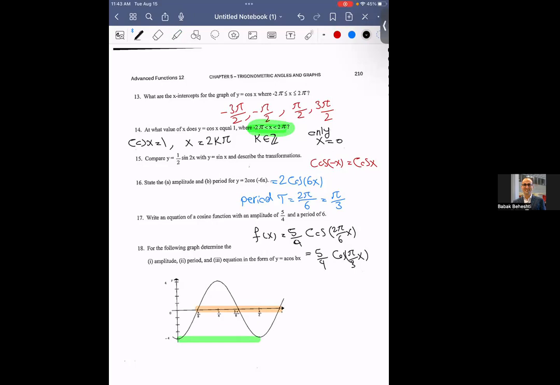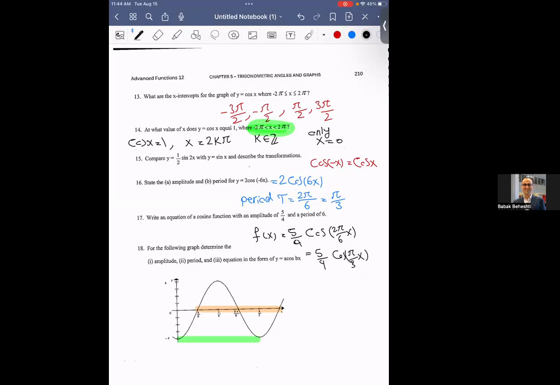The period means basically, when you have any oscillating function like sine or cosine, the period is the length after which it is going to repeat itself.